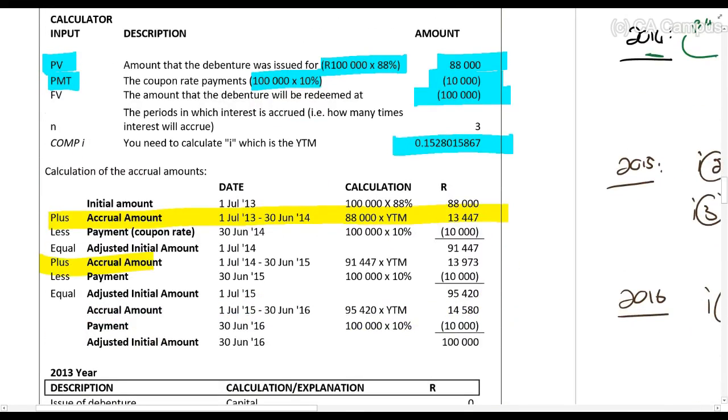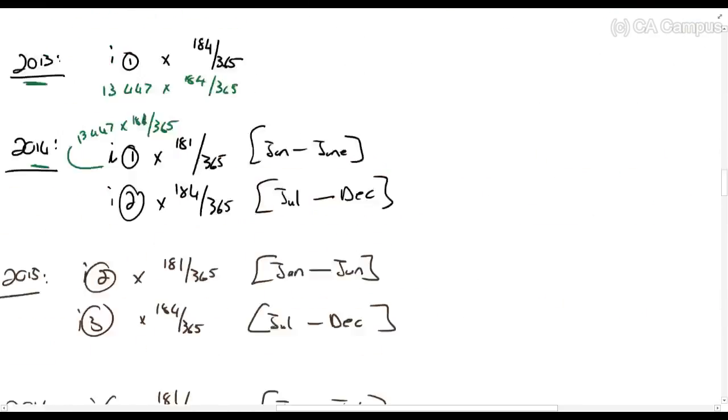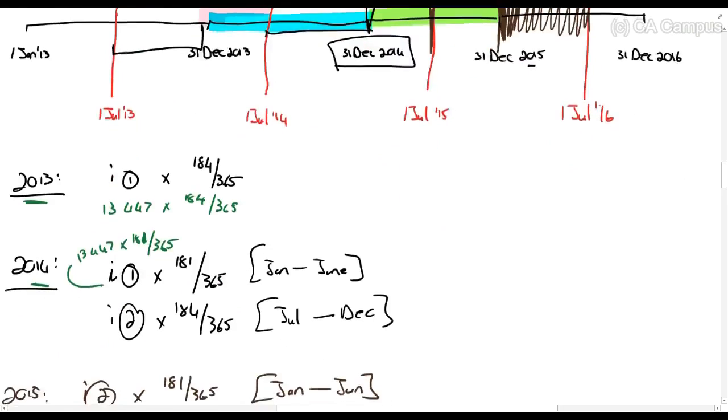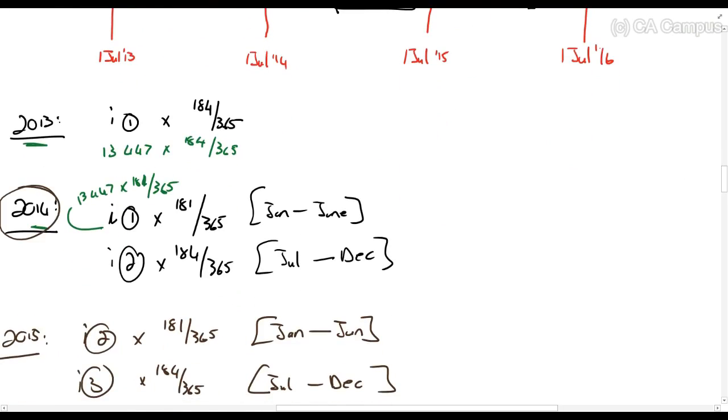The second one, 91,447 times the yield to maturity gives us 13,973. Okay, so N2 equals 13,973. So what are we going to do with that? In 2014, we have the 13,973 times 184 over 365. And then we have it in 2015, the next part. So I just want us to look at 2015 just so that you can see it works like this.